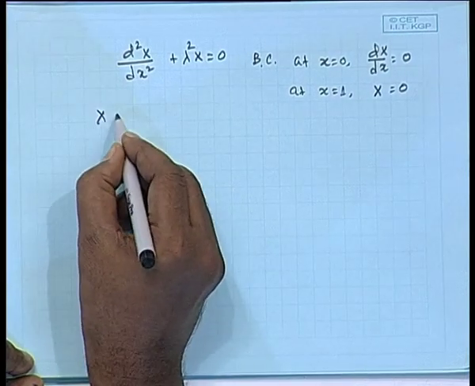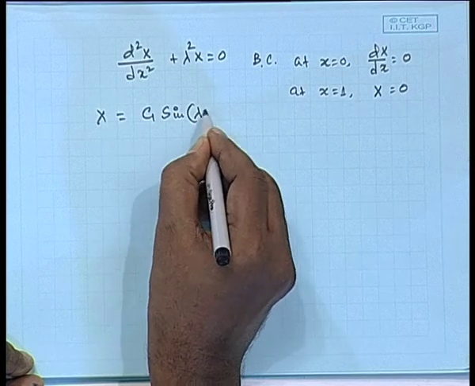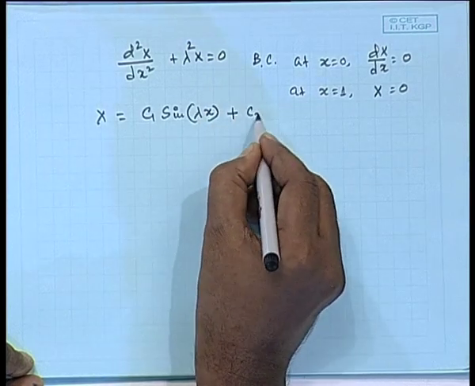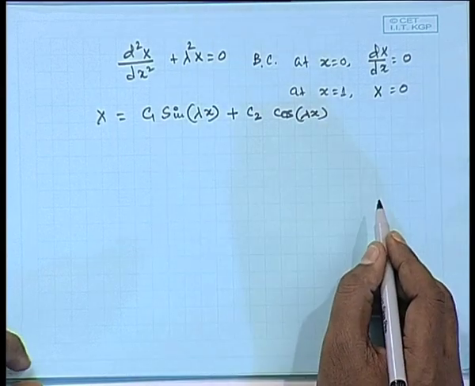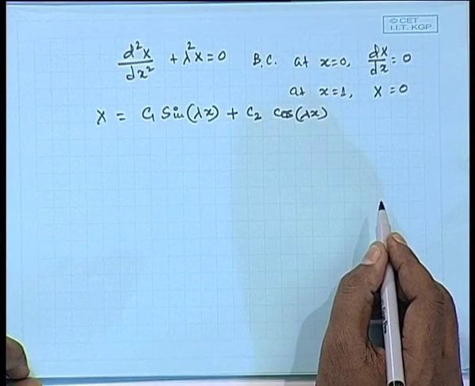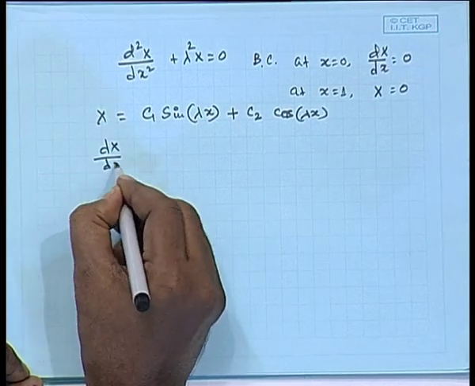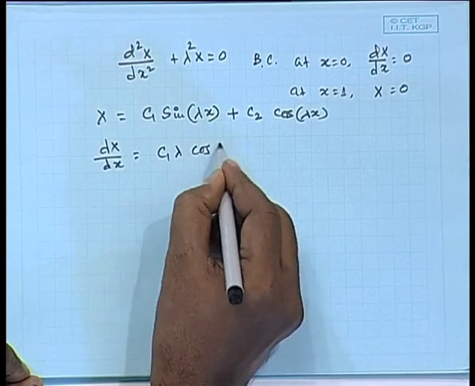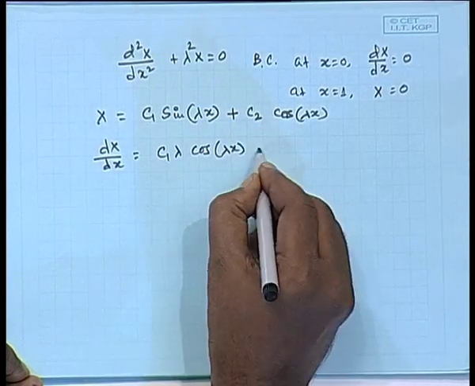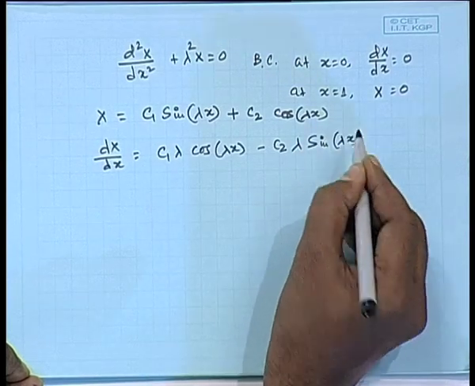So, the solution of this equation is nothing but C1 sin lambda x plus C2 cosine lambda x. If you do not understand at any point, you please stop me. Okay. So, let us take the derivative of this. This will be C1 lambda cosine lambda x minus C2 lambda sin lambda x.